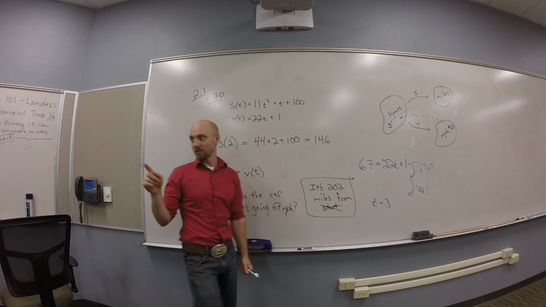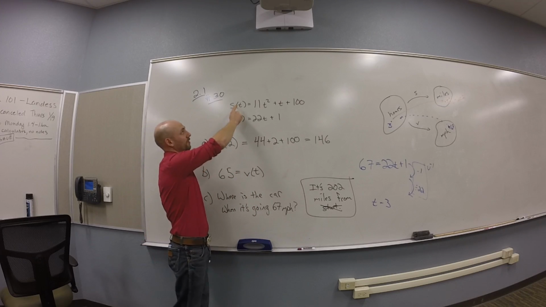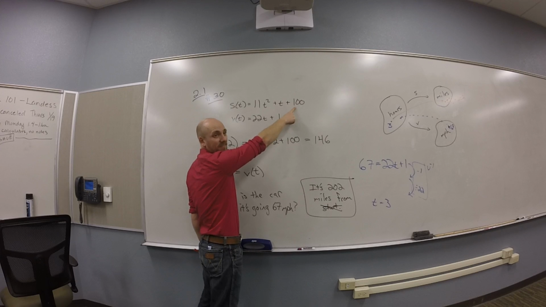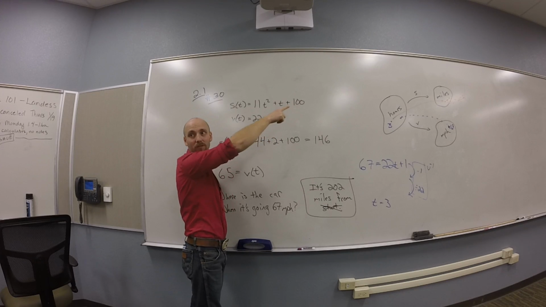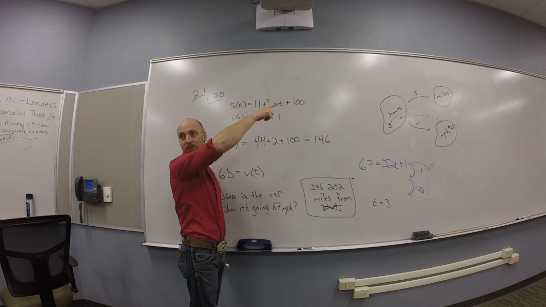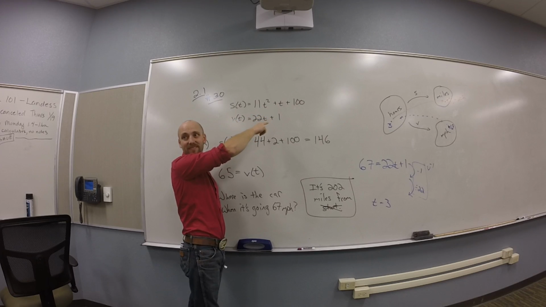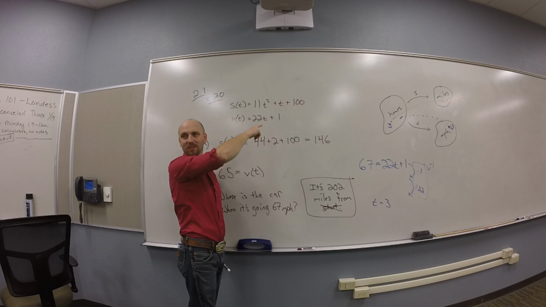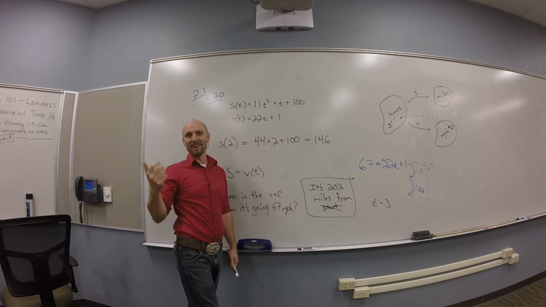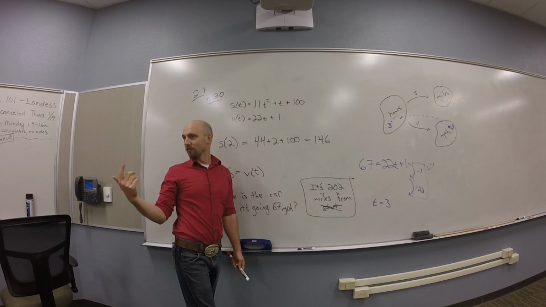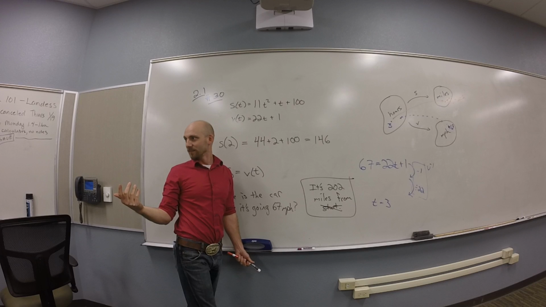You guys see, start is not when position or velocity is 0, but when time is 0. When time is 0, my position's 100. So I'm already 100 miles out from whatever they're calling 0 in position. And my velocity is actually 1 at time 0. So this is like, oops, we started rolling out of the gas station and you hit the stopwatch. You're 100 miles from home already.